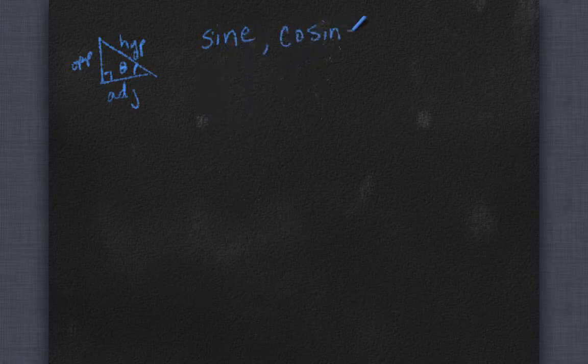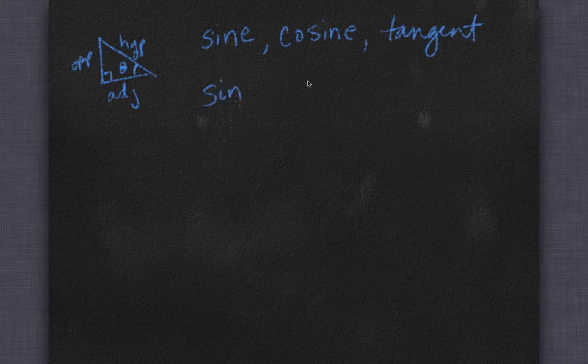And this one we call adjacent. So both of these are adjacent to theta, but this one's the hypotenuse. So that's how you decide which one's adjacent. It's the guy next to him that's not the hypotenuse. And so what you get is the actual functions are sine, cosine, and tangent.